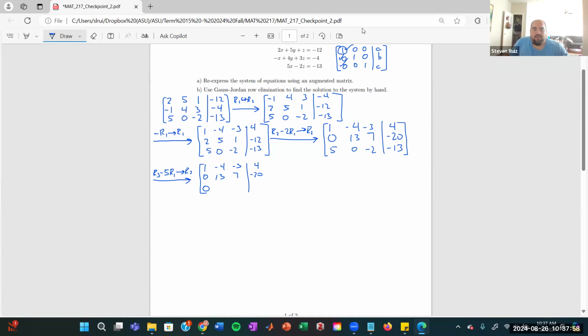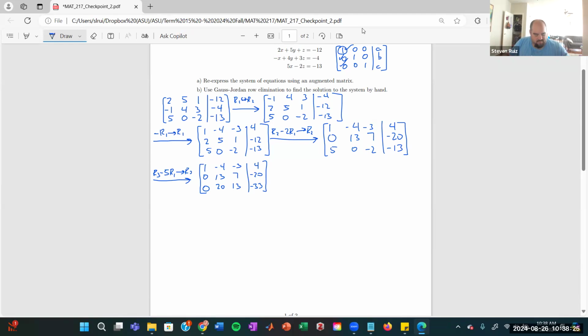What is 0 minus 5 times -4? That's going to be +20. And then -2 minus 5 times -3, that's -2 plus 15, so 13. And then -13 minus 4 times 5, that'll be -33. Okay, so the first column is handled.